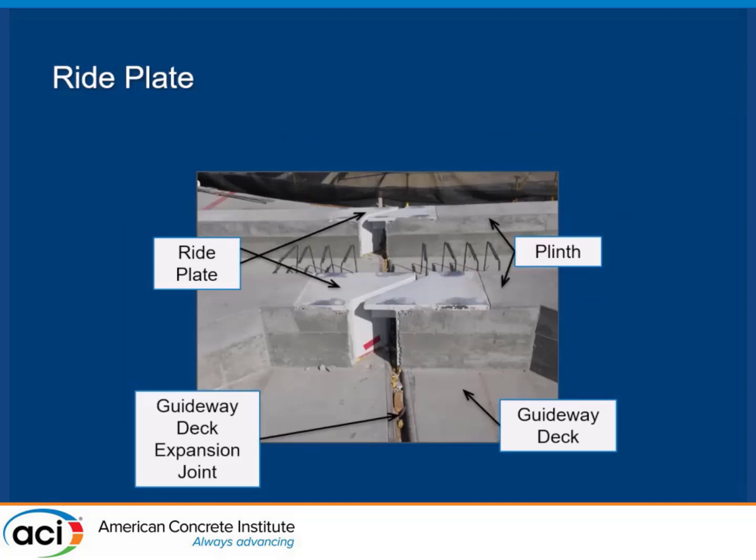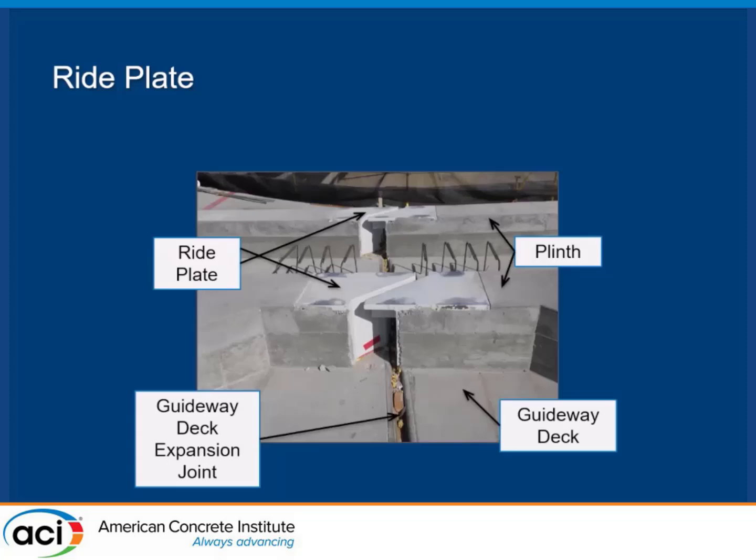So here's another example of where someone didn't really think through all the modes of failure. This is one of those tramways where the wheels run along an elevated skyway, and the wheels are going along the plinth, and then they had an expansion joint.